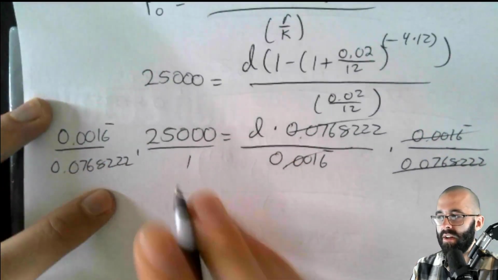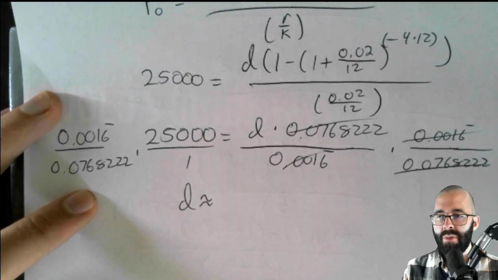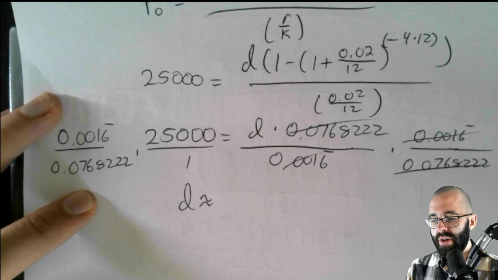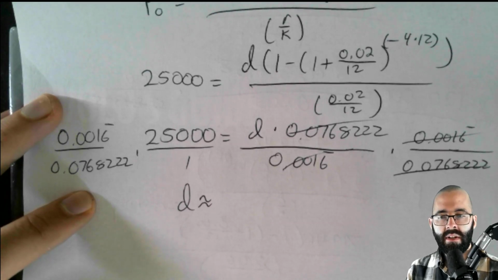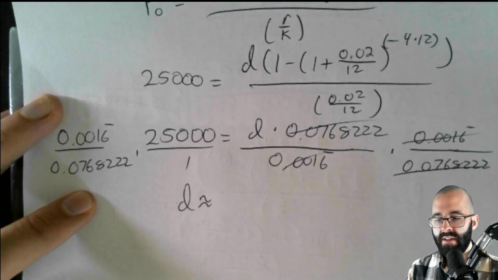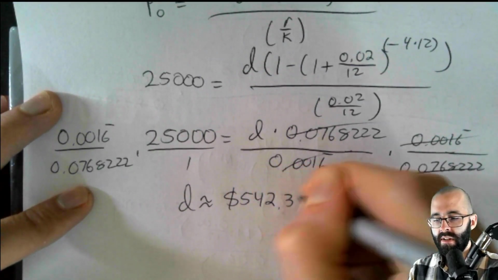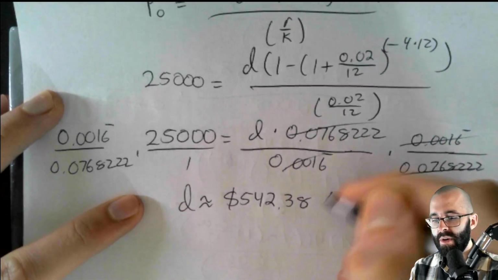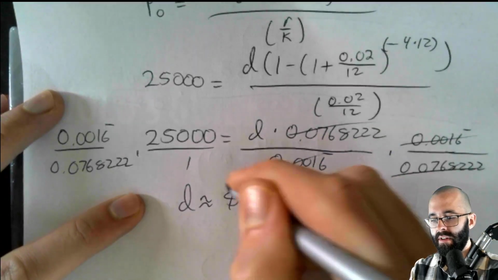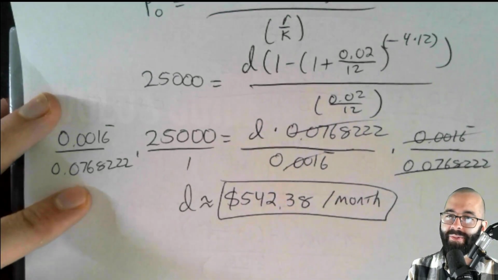Type the left-hand side into the calculator, and that is going to give us our monthly payments. 0.00166666666 divided by 0.0768222 times 25K. Monthly payments are going to be about $542.38 per month. That is problem number 21, which we did not do in the workbook.